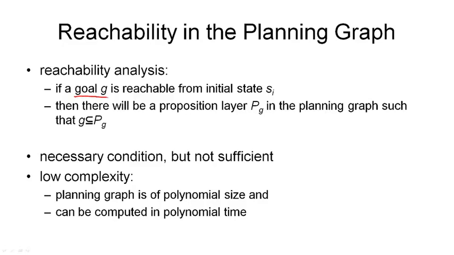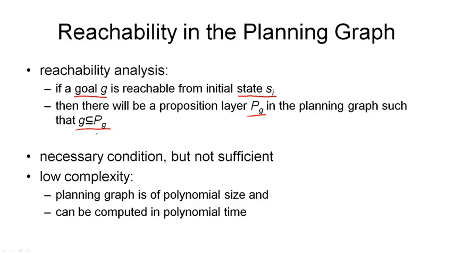If a goal G is reachable from the initial state Si, then there must be a proposition layer PG in our planning graph such that all the goal conditions, all the nodes representing those propositions that are goals, are a subset of this proposition layer PG. The proof of this is very simple, as you can see. If the goal G is reachable from Si, then there must be a plan, which is an action sequence that achieves this goal.